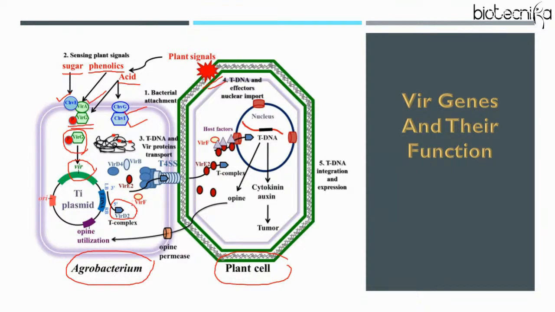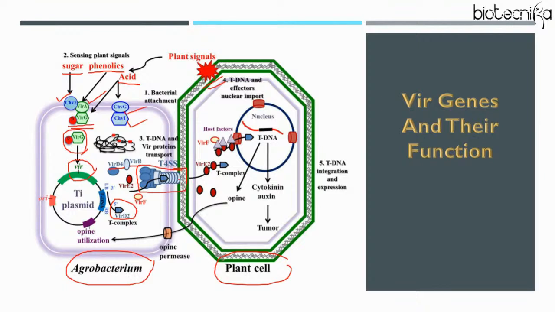So, why is this Vir D2 bound? It's a kind of protection to the tDNA. Then you will find a small channel is constructed. So, if you look into the structure, it looks like a combination of Vir B and Vir D4. So, these two Vir proteins combine together forming the conjugational pore through which this tDNA can be transferred.